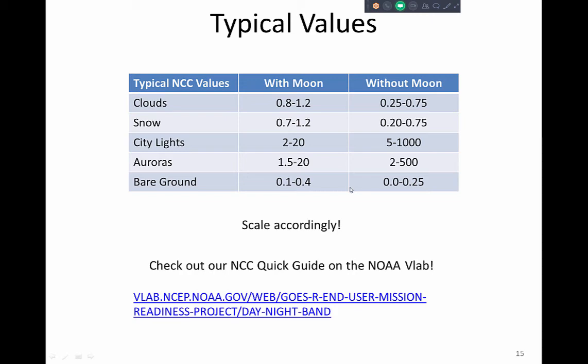And so, again, we encourage users to scale the product accordingly to what you're interested in looking at. And as I said, we put out a quick guide that discusses how to adjust the color tables in AWIPS 2 to be able to improve the display from the default version. And there's a link for that down at the bottom.